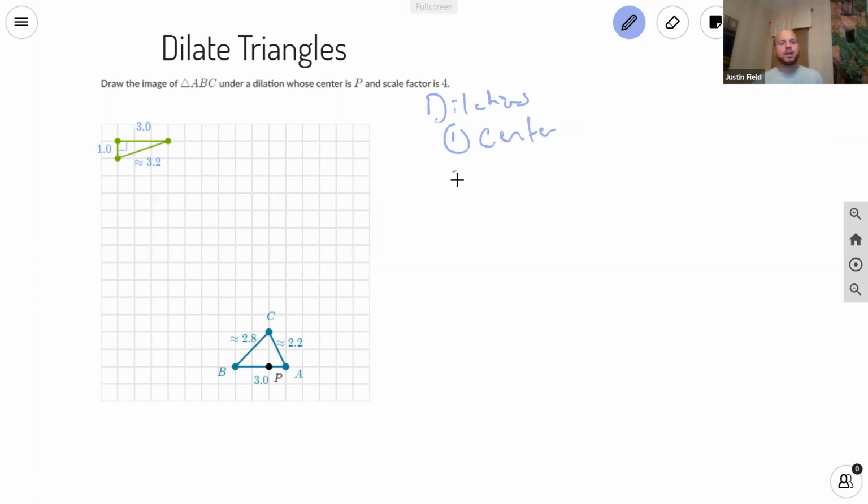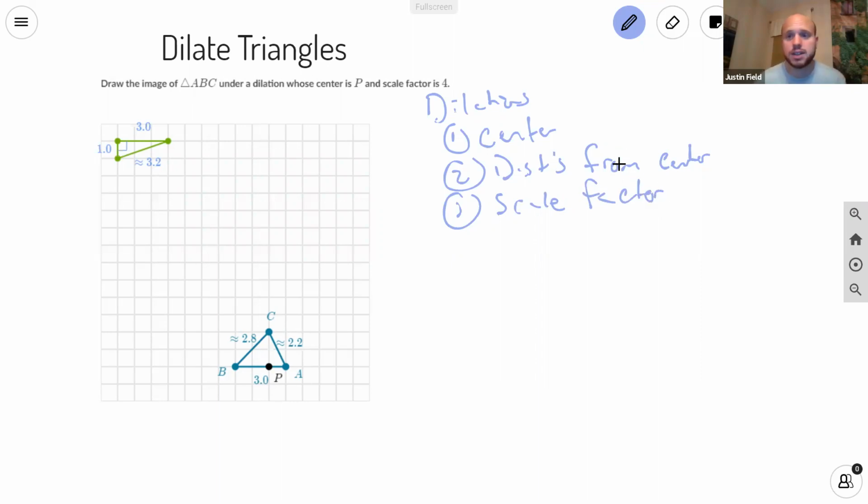and then the distances from center, and then you get your scale factor, and you just multiply. Okay, that's all you gotta do. So the scale factor is the change in the distance away from a center.